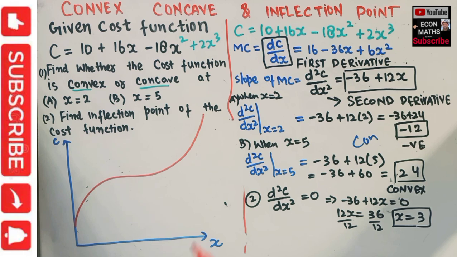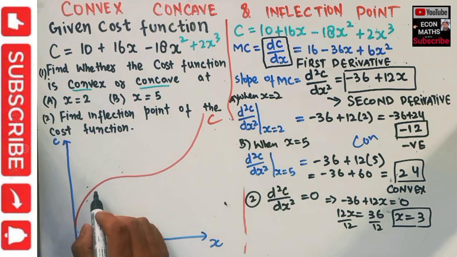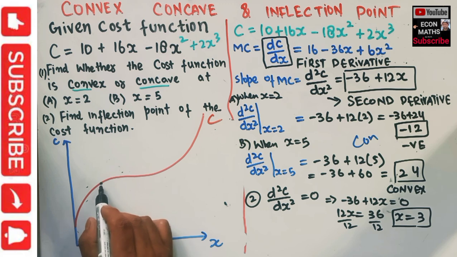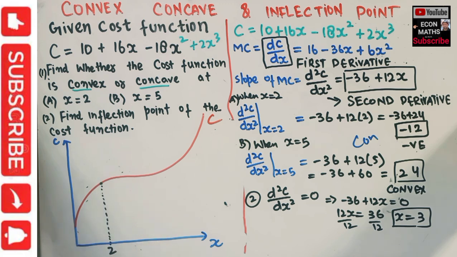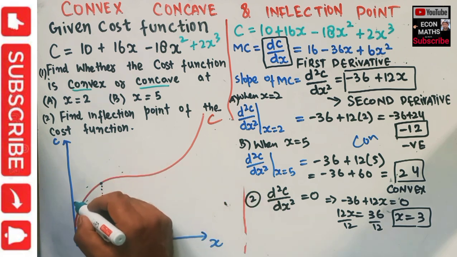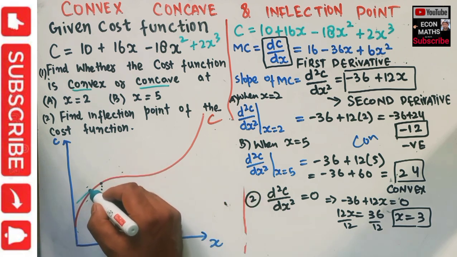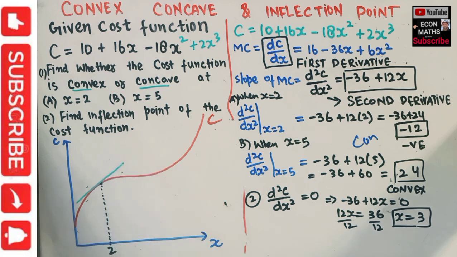This will be the cost function. Let us say this is the point where x is equal to 2. I have told you, when a function is concave at a point, and if we draw the tangent from that very point, the tangent line will lie above the function, and here you can see.